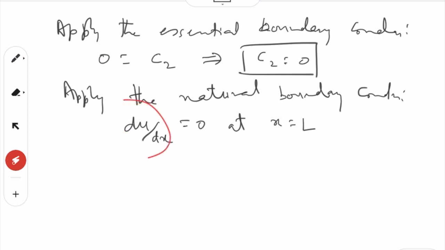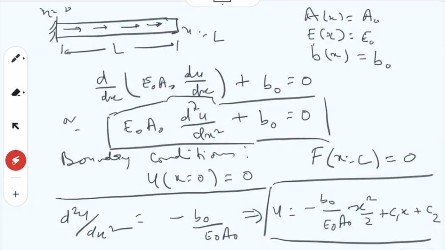So if E A times du over dx is force, and that is equal to 0, then du over dx is also 0.